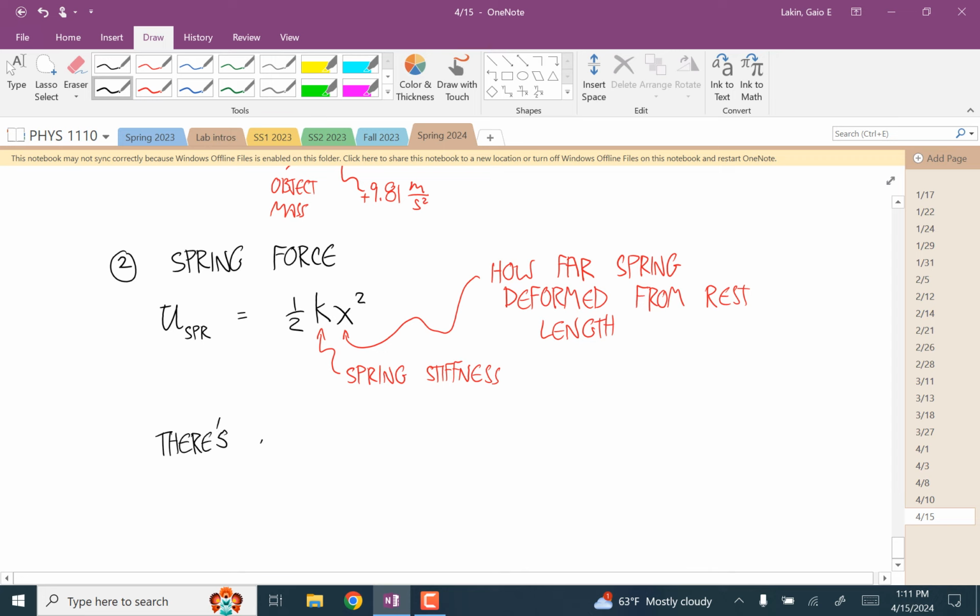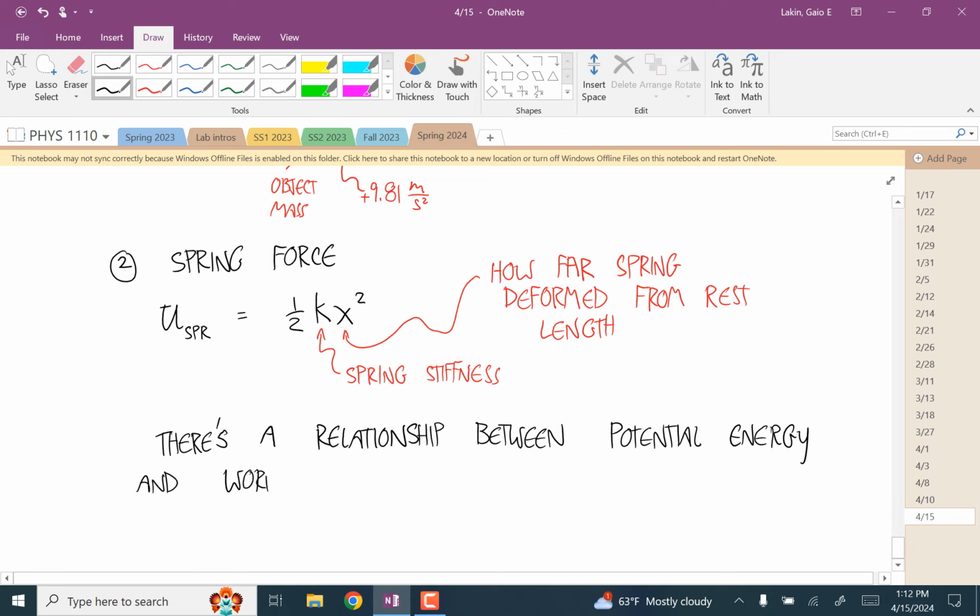There's a relationship between potential energy function and the work done by a conservative force. So really, this is the whole reason why we care about potential energy.